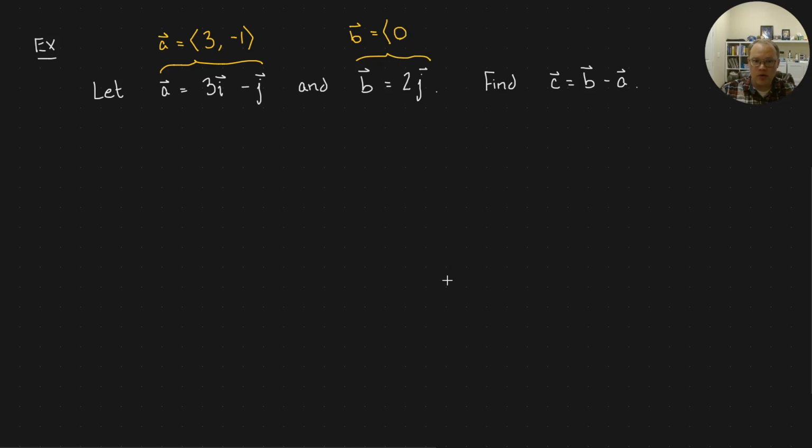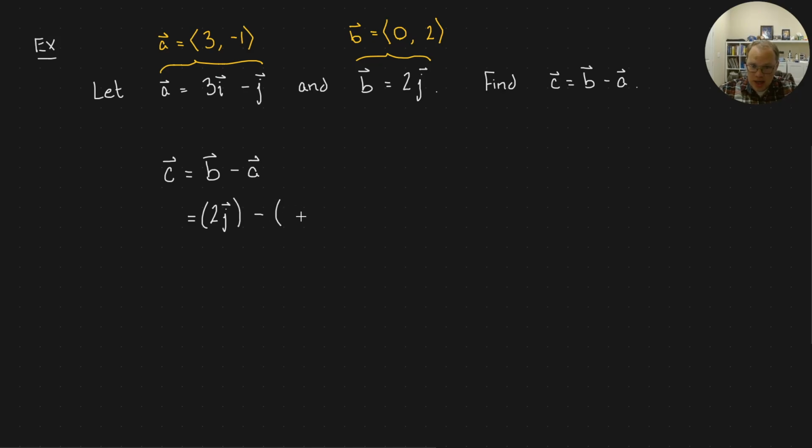So I go 0 units in the x direction, and then 2 units in the y direction because it's 2 times j. Okay, so those would be the vectors in component form. So vector C is going to be the difference of vectors B and A. So I'm going to subtract A from B. Vector B is 2 times j.